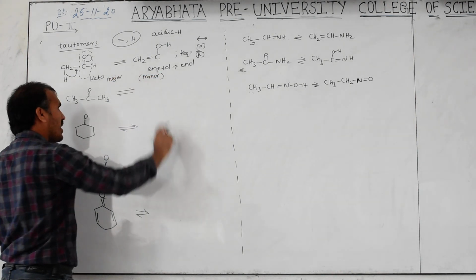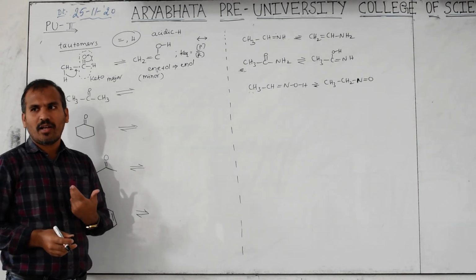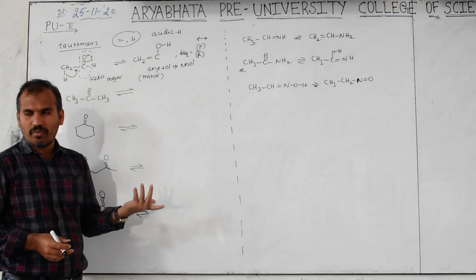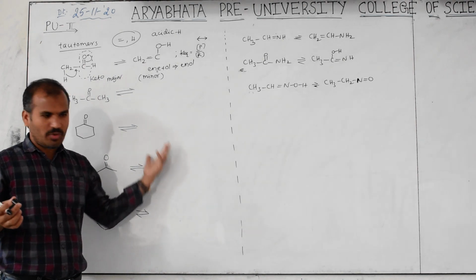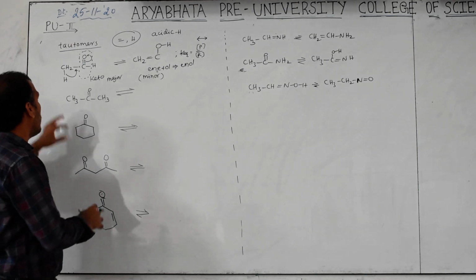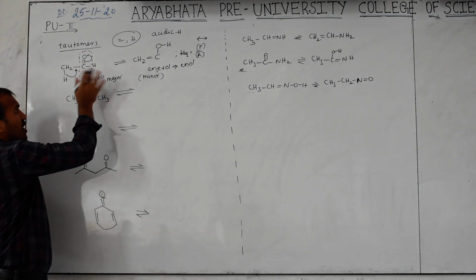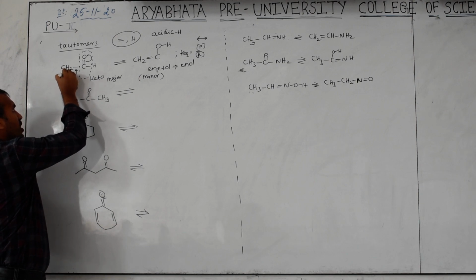Then based on which character do we decide, because the K equilibrium value is not given? I also do not remember the values now, because there are so many values for a number of compounds. I can't remember, and you will also not remember. Then how to identify? Which bond is changing here? This bond is changing.